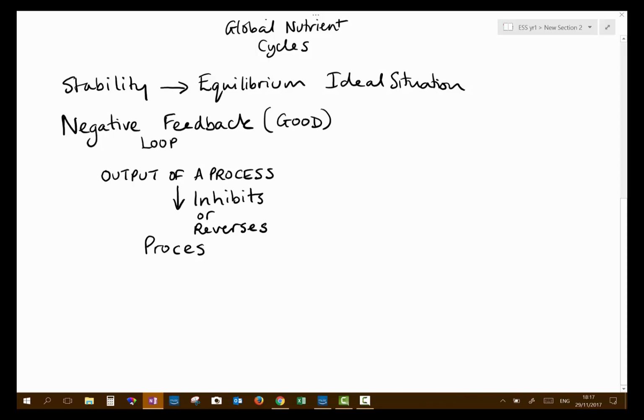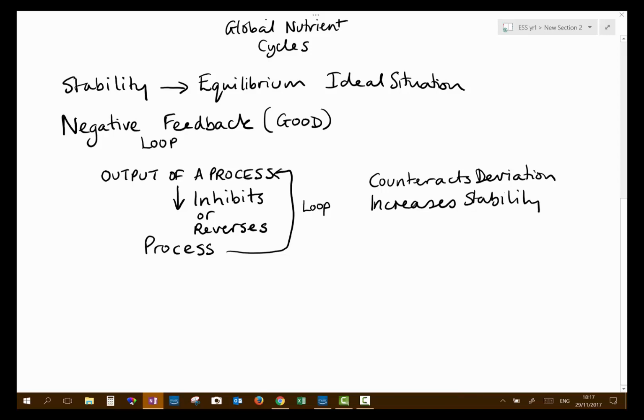Okay, and so what's happening is that it's going to feed back and create a loop that inhibits or reverses the change. You can say that it counteracts deviation. That's one way of talking about it. It increases stability, and it returns a system towards that equilibrium. Okay, so that's negative feedback.